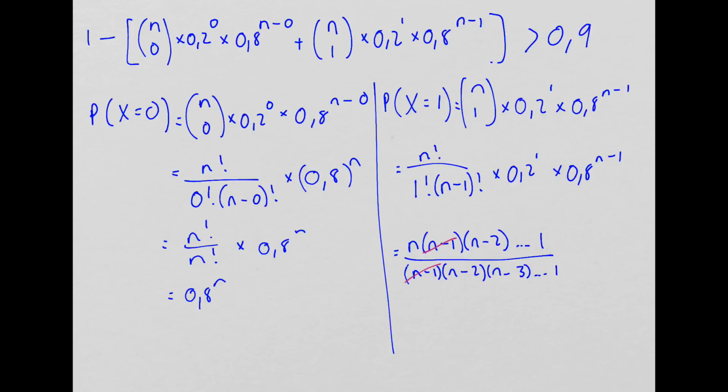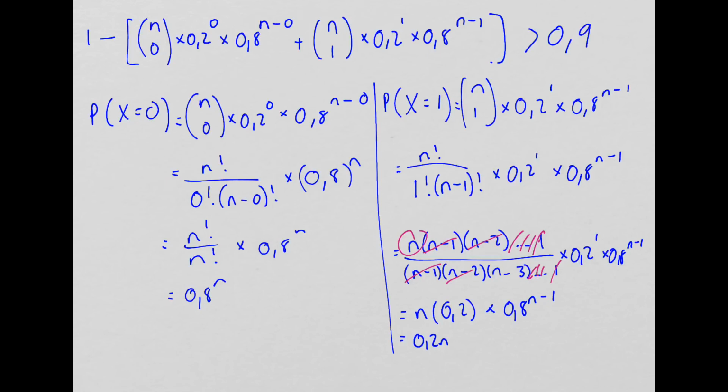The n minus 1s will cancel, the n minus 2s will cancel, and everything cancels except for the initial n, until we get to the 1, which will also cancel. But remember, we still have the 0.2 to the power of 1 times the 0.8 to the n minus 1. Tidying that up, we're left with n times 0.2 to the power of 1 times 0.8 to the power of n minus 1. We can multiply out to get 0.2n.